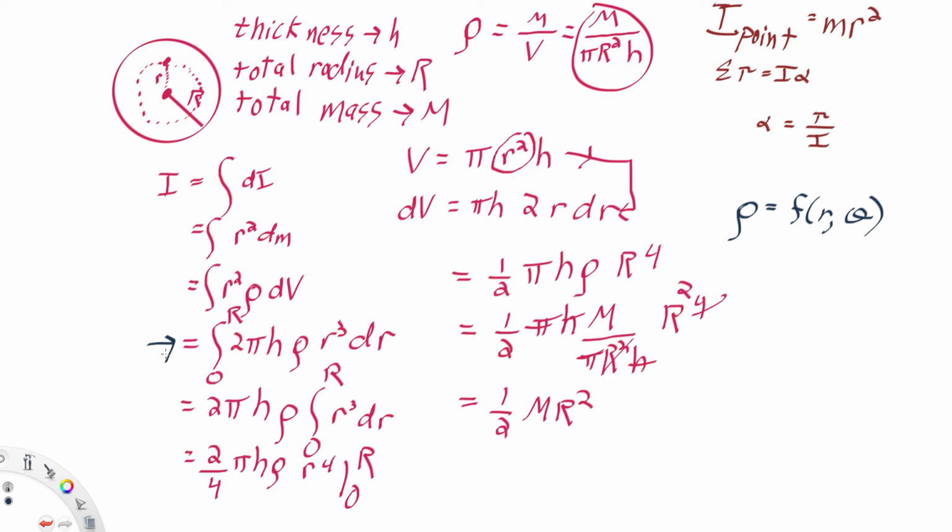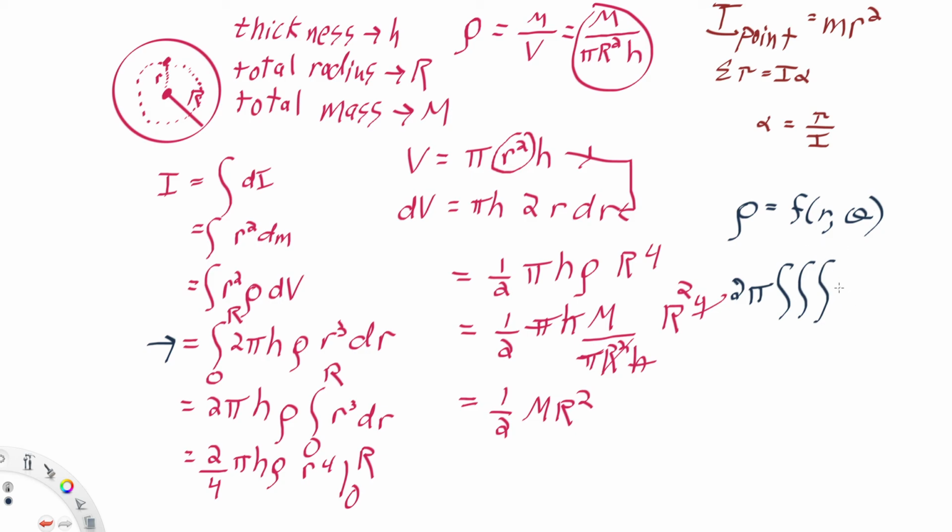So from here, if we did not have a constant density, we could instead say that we have maybe a triple integral. 2 pi still comes out of the integral.